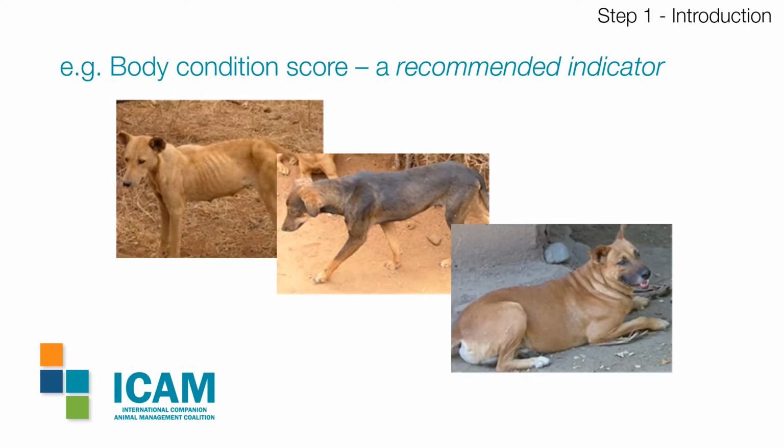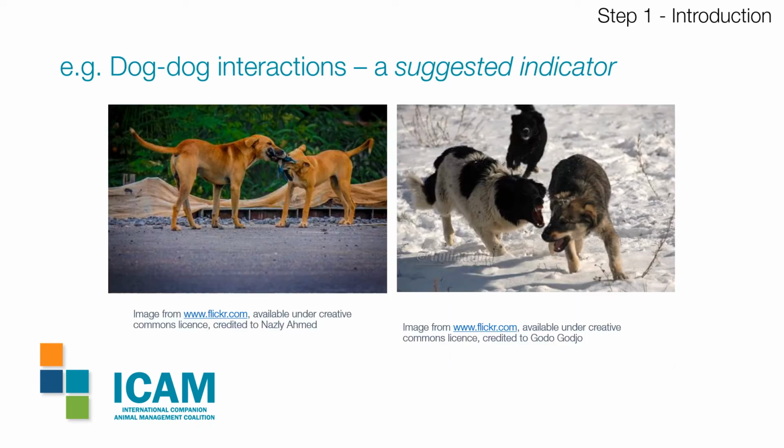So we recommend the indicator of body condition score because this indicator has been used previously by other DPM interventions in their monitoring and evaluation. We also give guidance on the indicator of dog-to-dog interactions. However, we describe this as suggested, because although changes in the level of friendly or aggressive behaviour has been used to assess the welfare of other animals, such as farm animals, it has yet to be tested with dogs in this DPM intervention scenario.